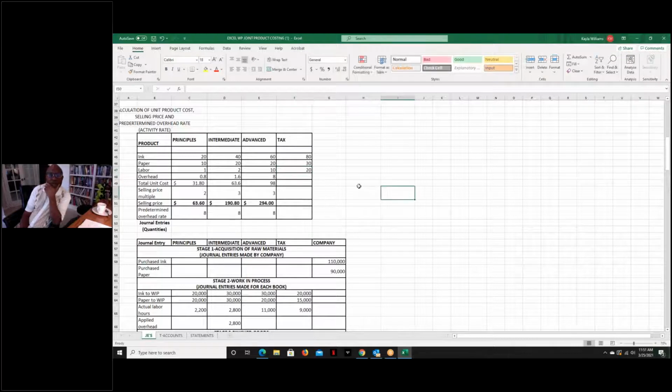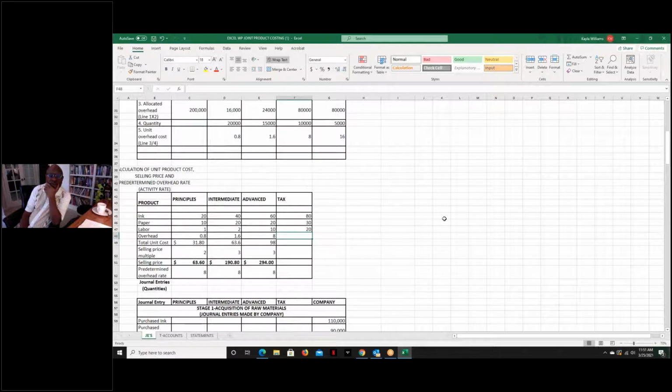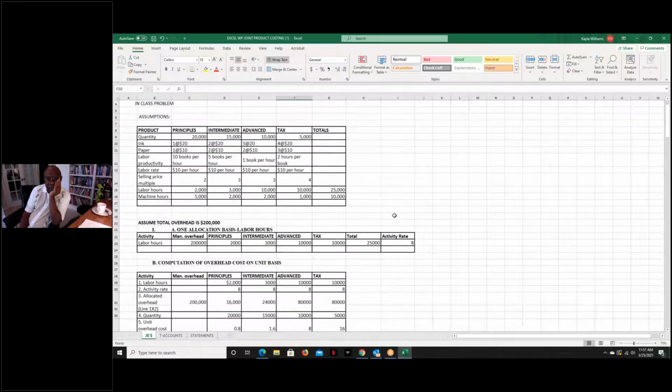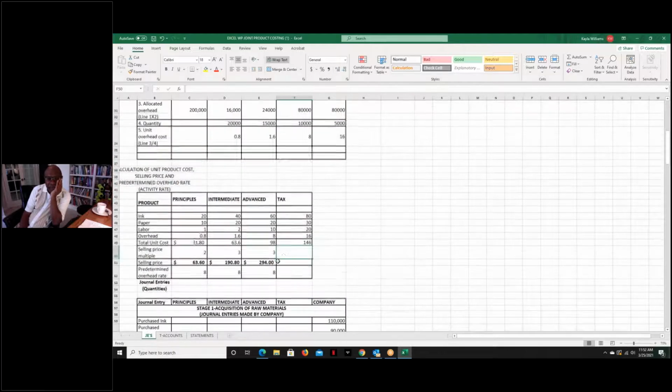So we multiply that. And the overhead, we figured it out up here. It's this one. Oh, okay, bet. 16. Let me just add all that. What was the selling price multiple? 4. Okay, that's cool. These textbooks expensive. Yeah, they are.